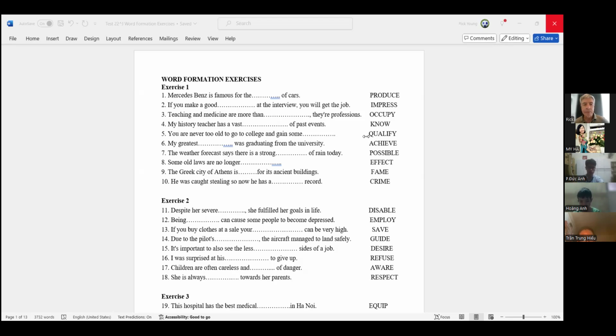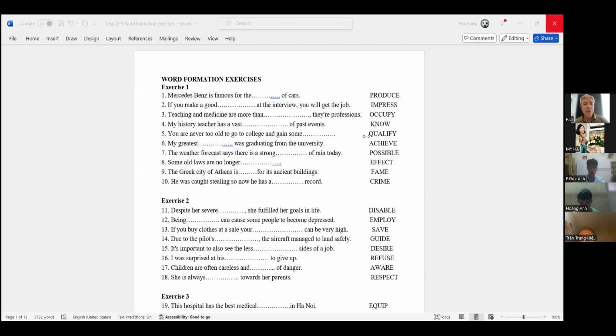The first one is production. The second one is impression. The third one is occupation. Fourth is knowing. Fifth is qualification. Sixth is achievement. 7 is possibility. And 8 is effective.